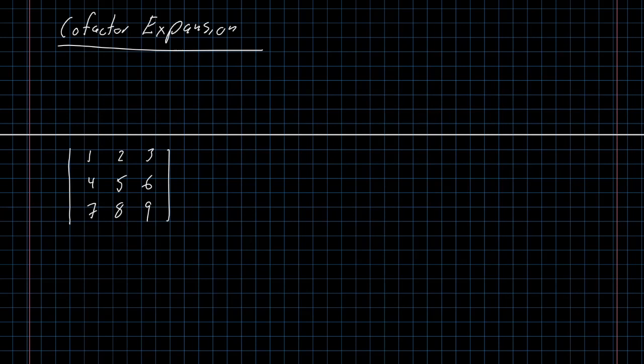The rules of cofactor expansion are that you choose a row or column and you expand on it. If you've learned this in the process of the vector cross product, you learned specifically to expand across the top row, which is perfectly valid.